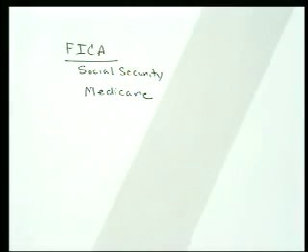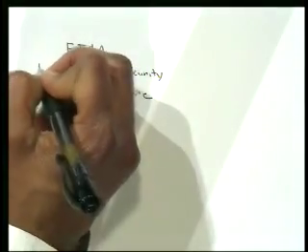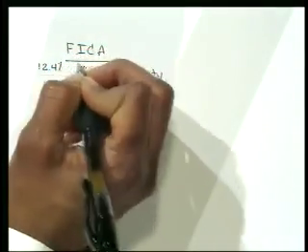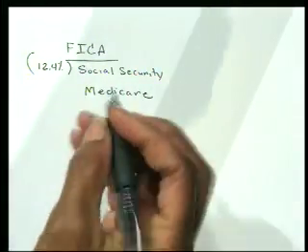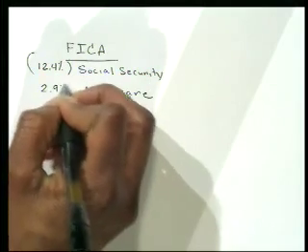So the Social Security portion and the Medicare portion. Okay. And so it's based on a rate of 12.4% for Social Security, and Medicare is 2.9%.